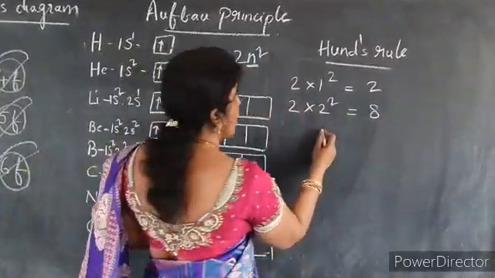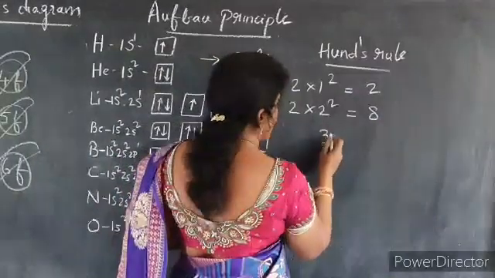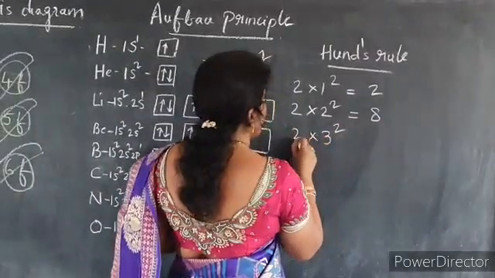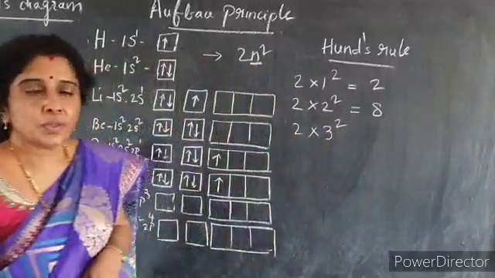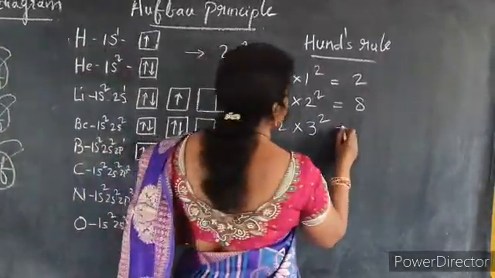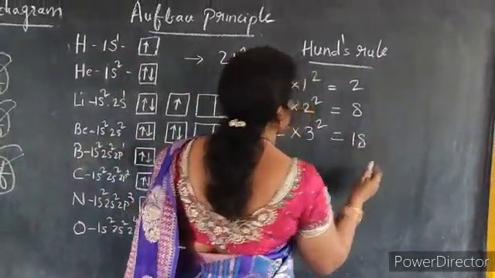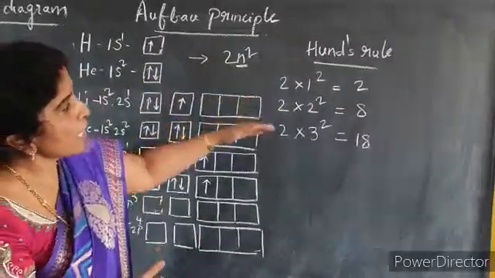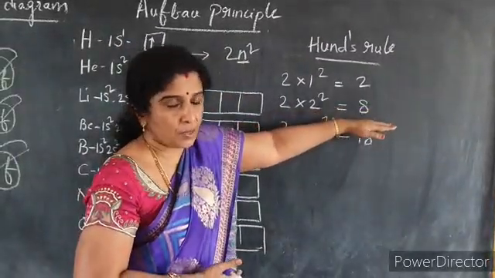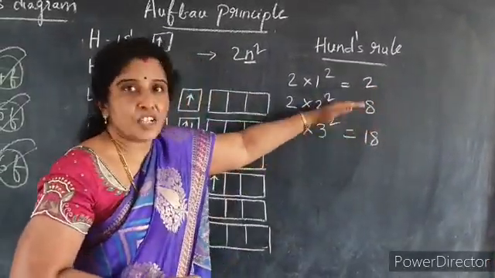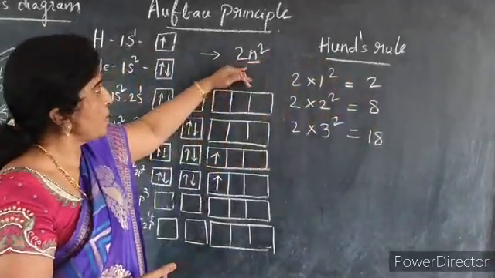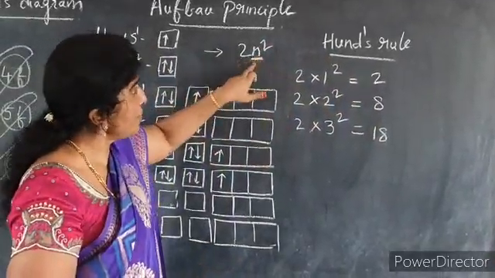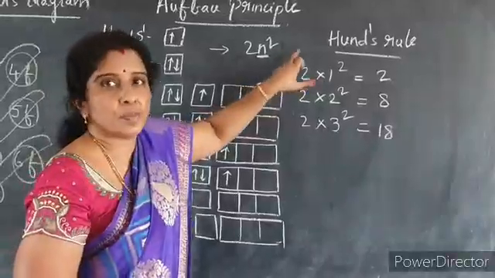In the third shell, where the principal quantum number is 3, 3 square into 2, so 3 3s are 9, 9 2s are 18. This is how you can calculate the total number of electrons present in a shell, by applying the formula 2n square, where n is the principal quantum number.